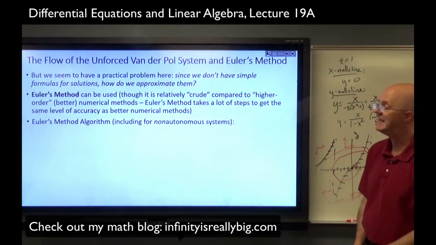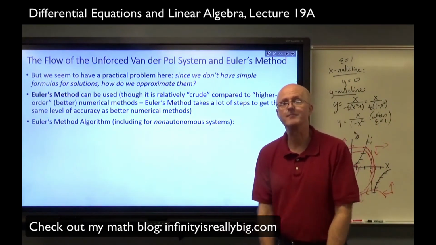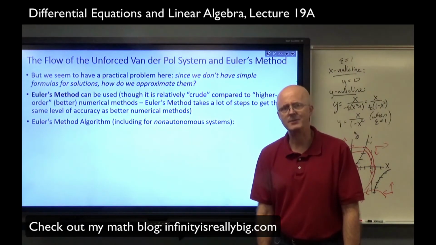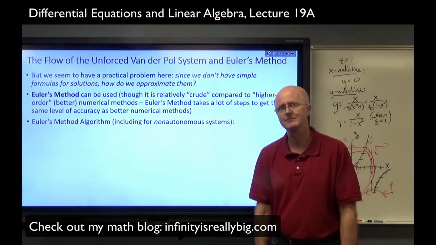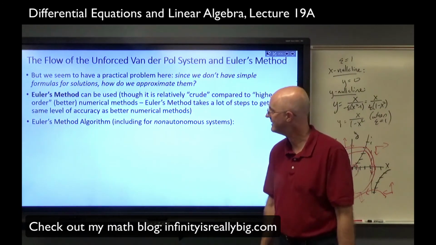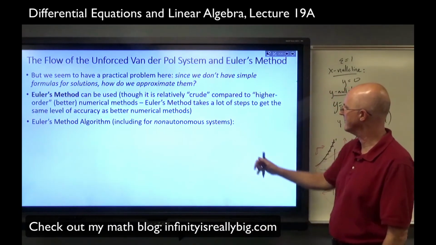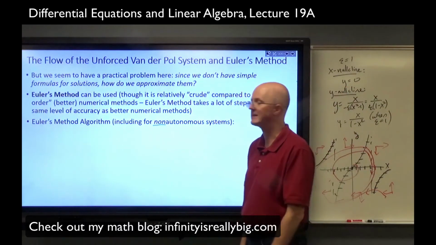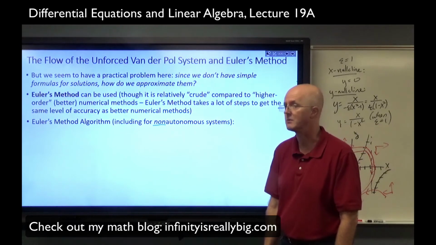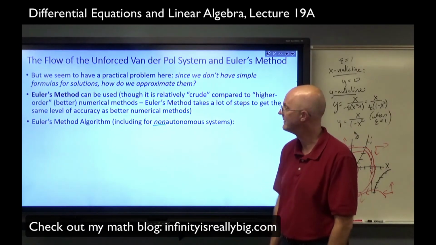What is the algorithm? It's basically the same algorithm as the scalar case, except y is a vector instead of a scalar. Or y is a higher dimensional point instead of a one-dimensional point. In this algorithm, I am going to include the possibility of the right-hand side function depending on t as well, so this will apply to non-autonomous systems as well.